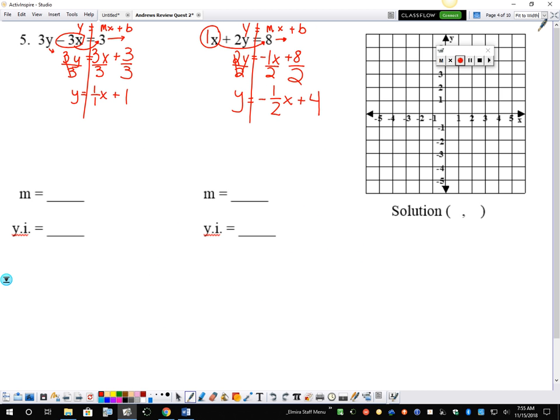So my m in my first equation is 1/1. That means it's positive, so I'm going to go up 1, 1 to the right, and I'm going to begin on positive 1.